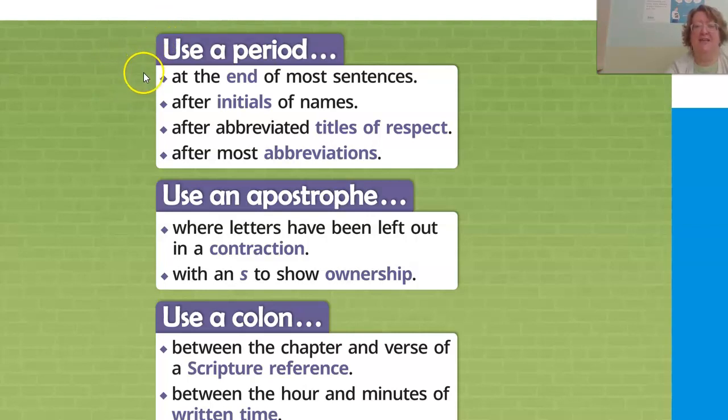Use a period at the end of most sentences, after initials of names, after abbreviated titles of respect, after most abbreviations. Use an apostrophe where letters have been left out in a contraction and with an S to show ownership. Use a colon between the chapter and verse of a scripture reference, between the hours and minutes of written time.